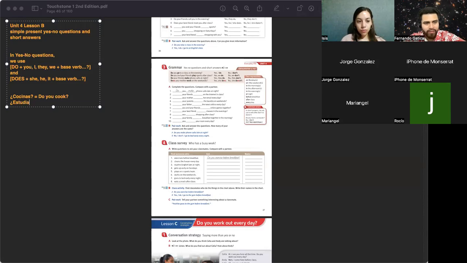Okay. For example, ¿estudias in English? Somebody besides Isis? Monse, Rocio, Jonathan, María Ángel. Do you study? Very good. Do you study? All right.